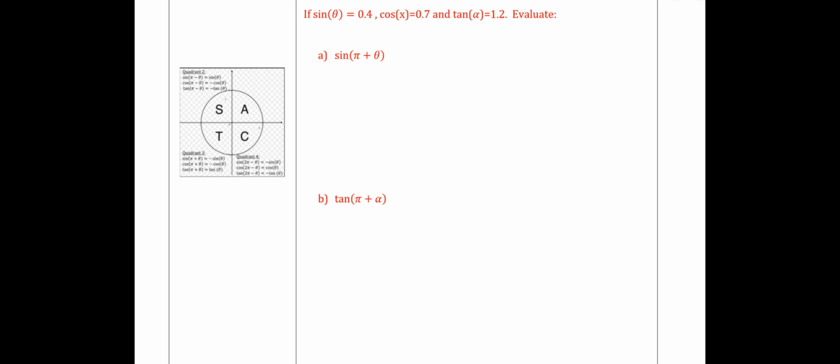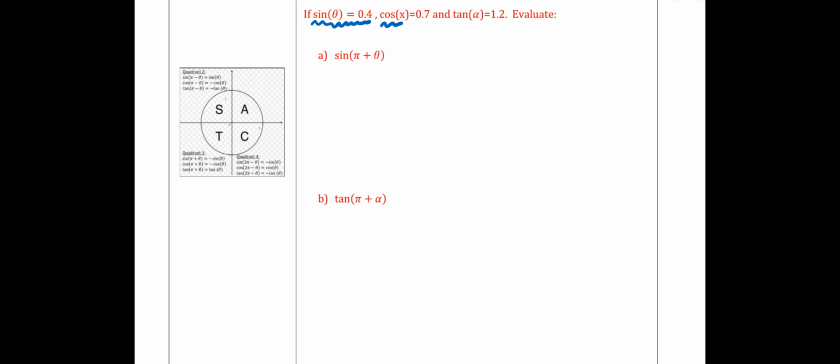Now we can extend our understanding here in some basic application questions in which we never actually know the angle. So it says here if sine of theta equals 0.4, so there's some context that I need to know. Cos of x, well, x is a different angle to theta, so that's going to be important.